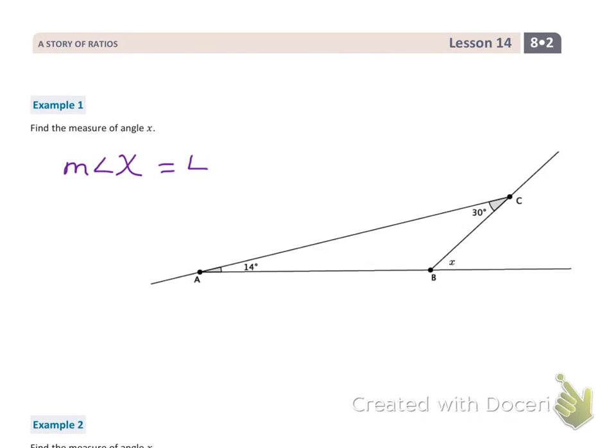equal to 44 degrees. And you may have done that by just saying, all I have to do is add the remote interior angles to this exterior angle x to find that sum.